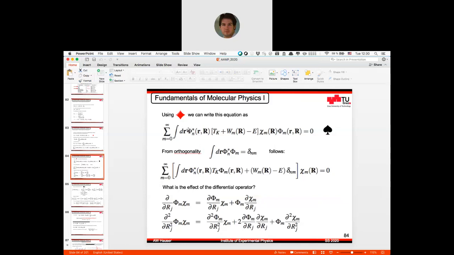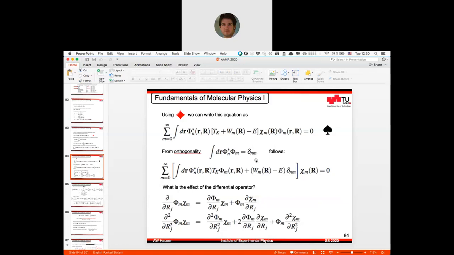So we know that if we integrate phi n times phi m over the electronic coordinates, we get this Kronecker delta nm. So we have only one if it's the same electronic basis function, and zero otherwise, because of the orthonormalization of our electronic states, which is a result from solving the Schrödinger equation for the electronic states.